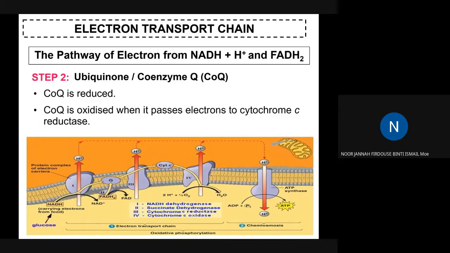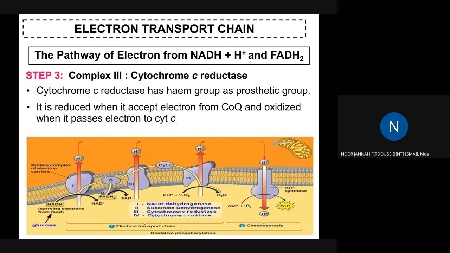It will be oxidized back. Cytochrome C reductase is reduced when it accepts electron from coenzyme Q and then oxidized when it passes electron to cytochrome C. Cytochrome C is also a mobile carrier, but it is not embedded in the phospholipid bilayer.